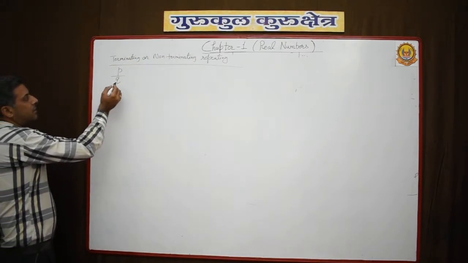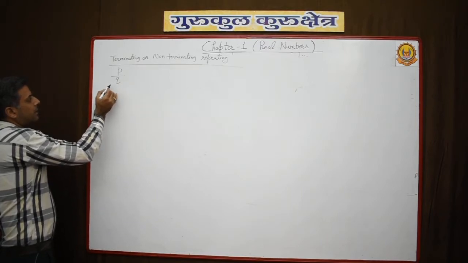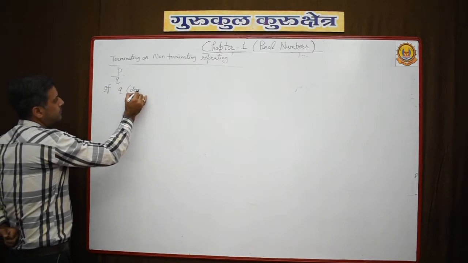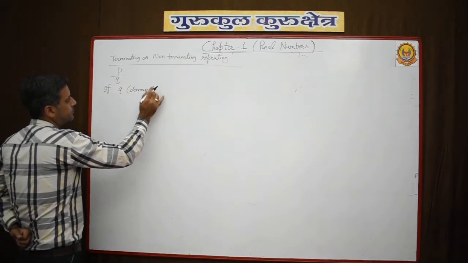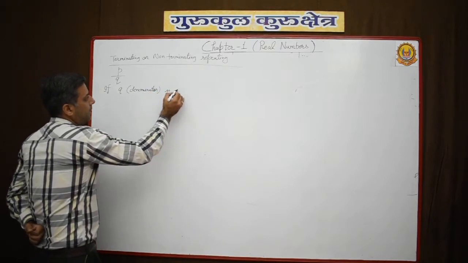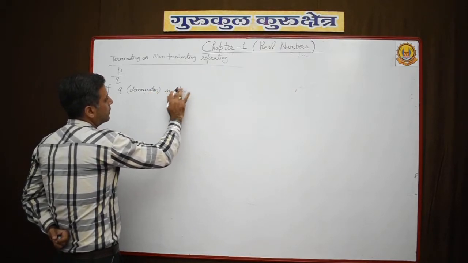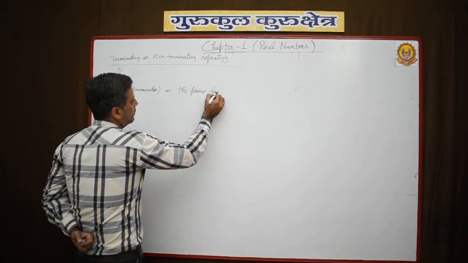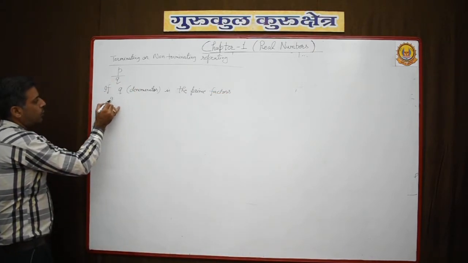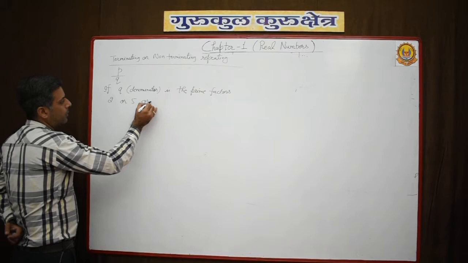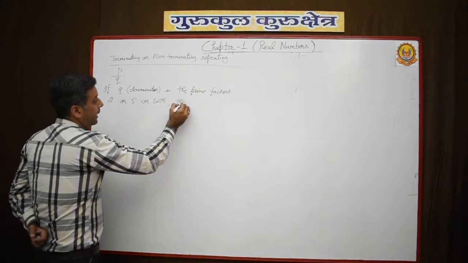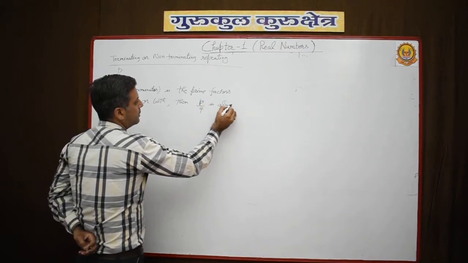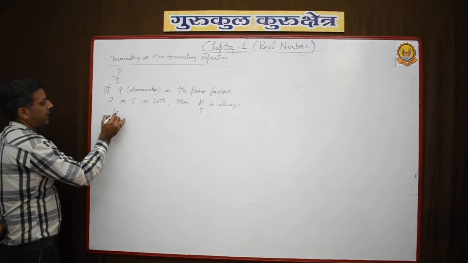So for this we have a rule, and the rule is that if the denominator, that is q, is a prime factor of 2 or 5 or both, then p by q is always terminating.